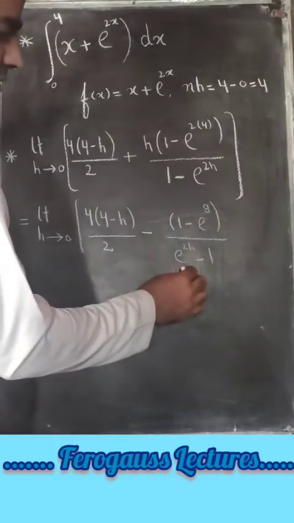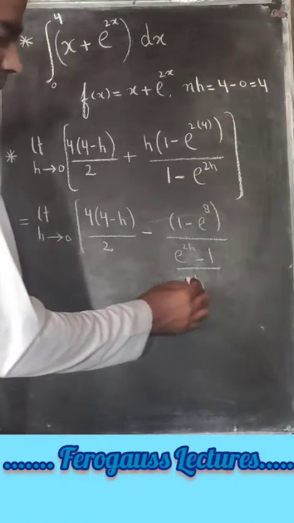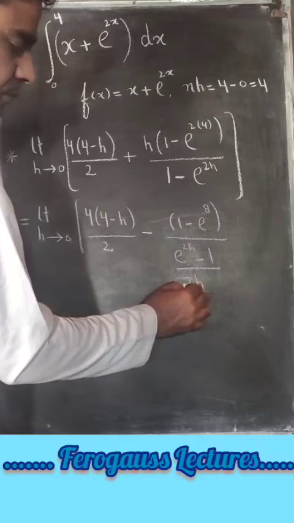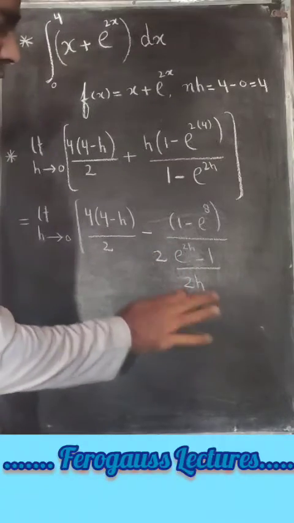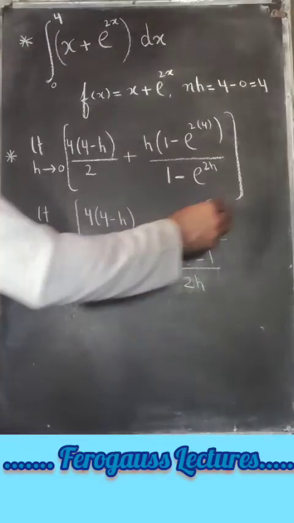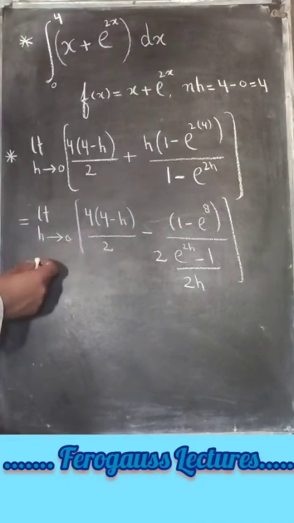Now we write this h here and we multiply h by 2 and write 2 here also, so that 2 by 2 is equal to 1. Now apply limit as h tends to 0.